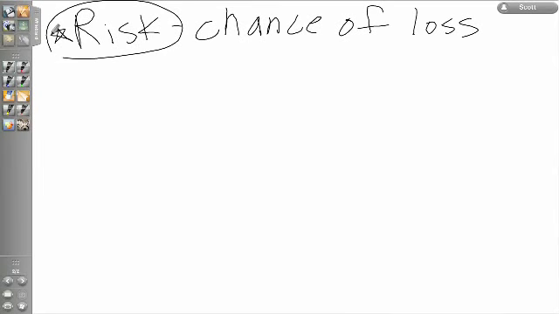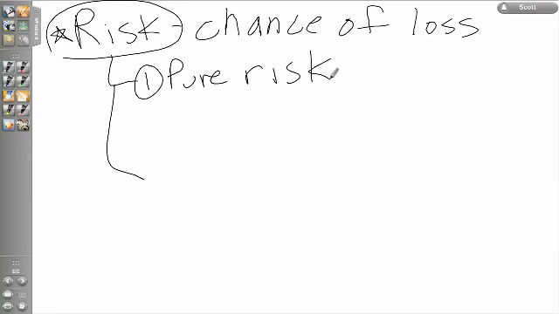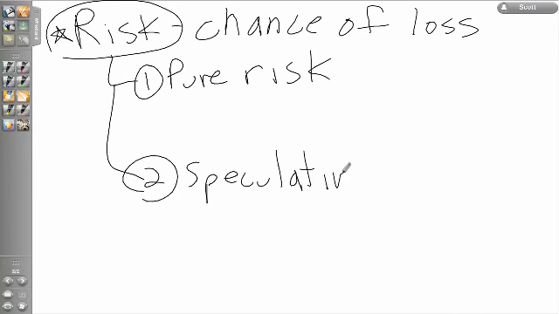So we have this term risk. And beyond that, we have two subcategories of risk. We have one which is referred to as a pure risk, and one down here which is referred to as a speculative risk. So you have to know all these definitions, and we'll get to the book in a second here. This is kind of like a little bit of an introduction.